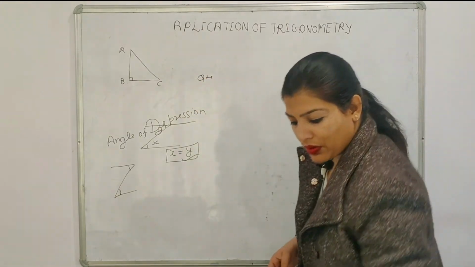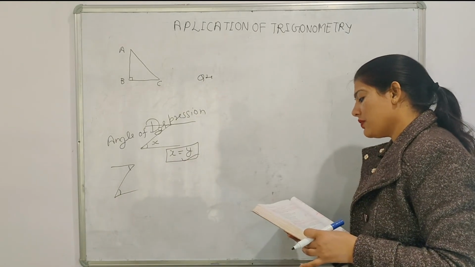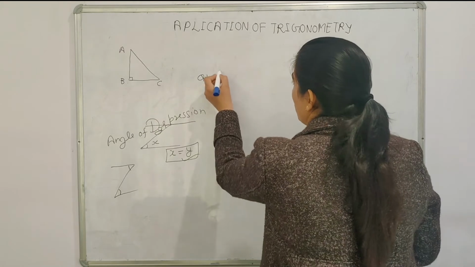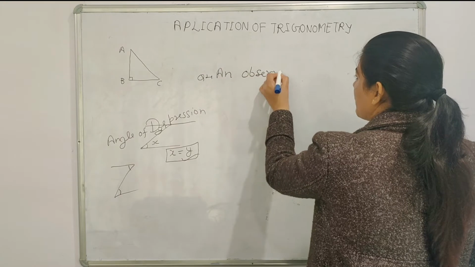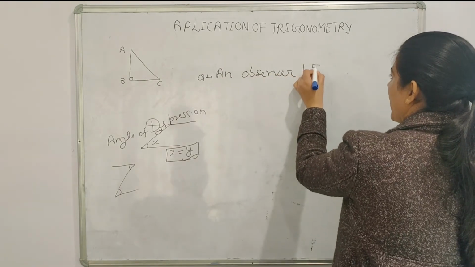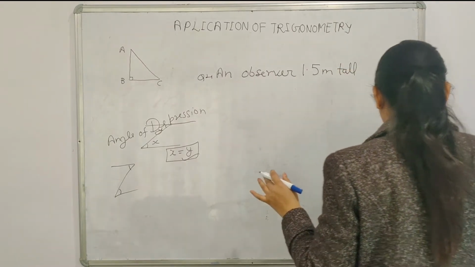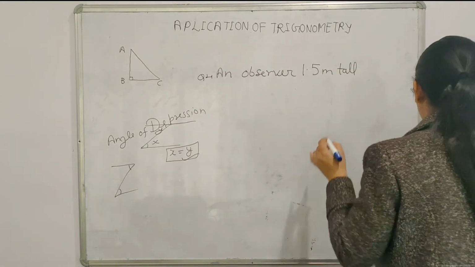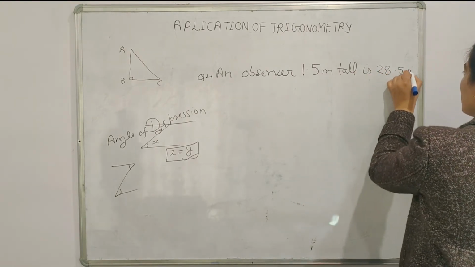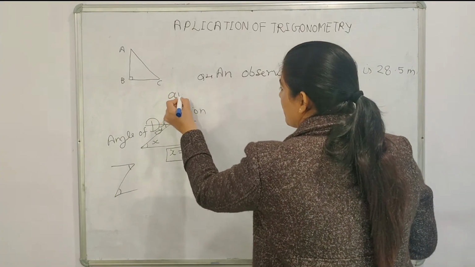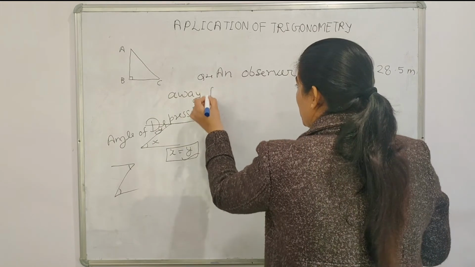So let me check the question from the book. An observer 1.5 meter tall is 28.5 meter away from a chimney.